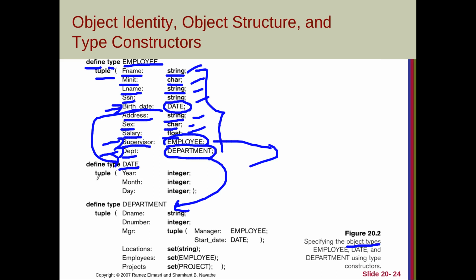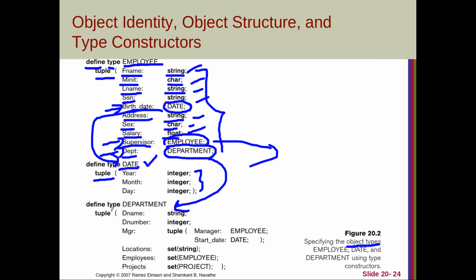Define type Date, which is again a tuple, open bracket, year integer, month integer, day integer, close bracket, semicolon. So this type is also defined. So if this type is already there, now this birth date can refer to that particular type.